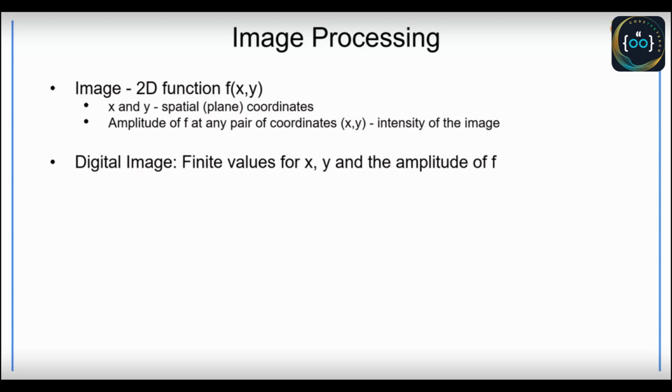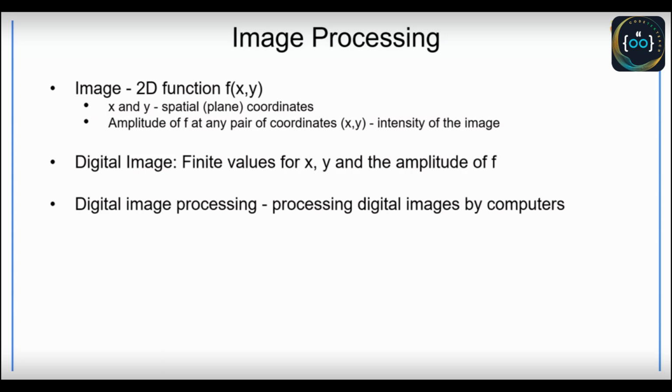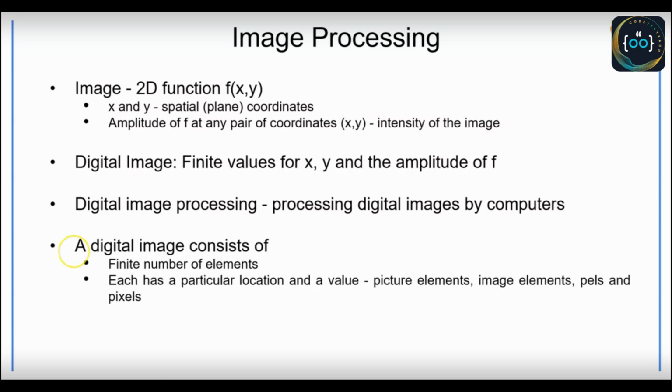The field of digital image processing refers to processing of digital images by computers. A digital image consists of a finite number of elements, each of which has a particular location and value, which are referred to as picture elements, image elements, and pixels.